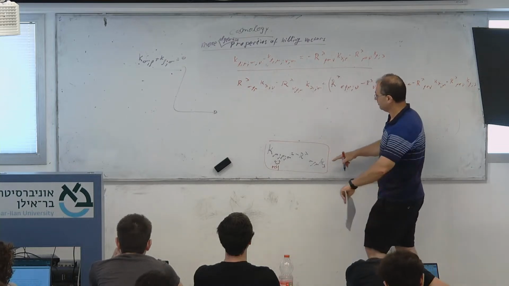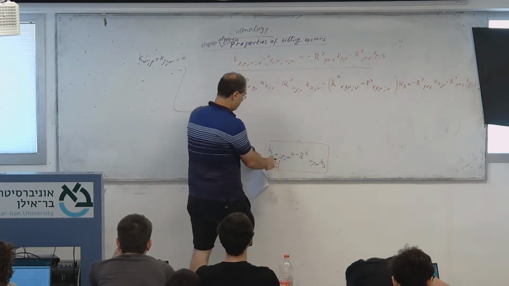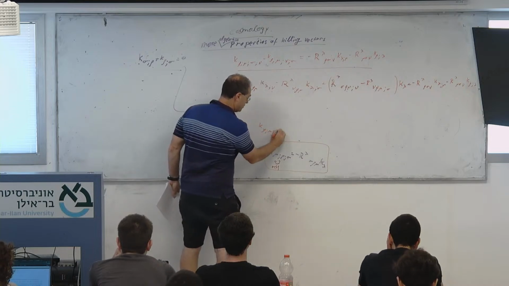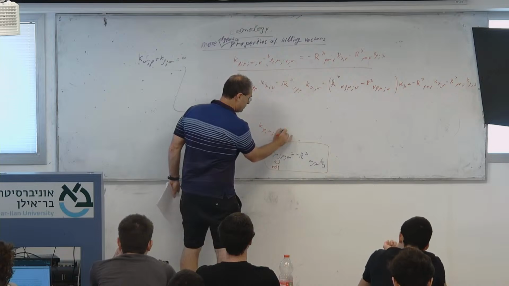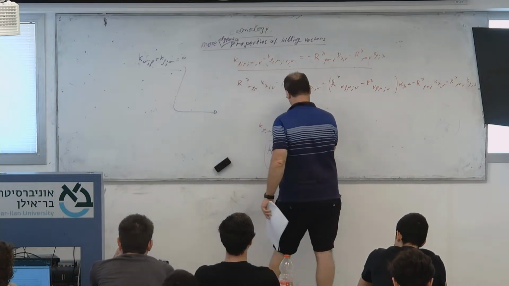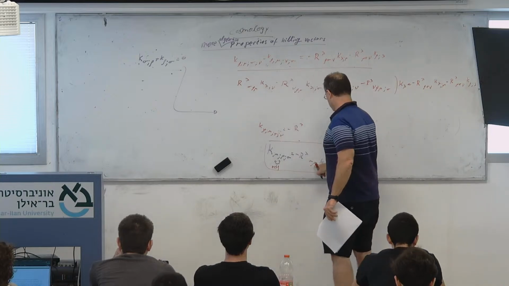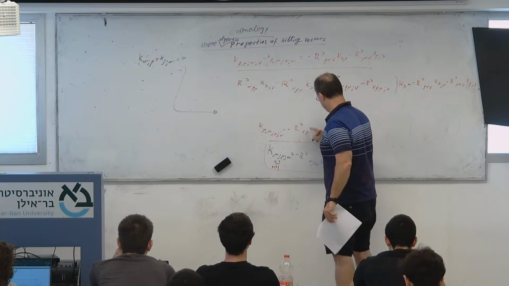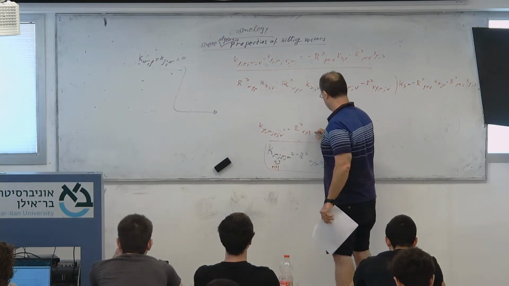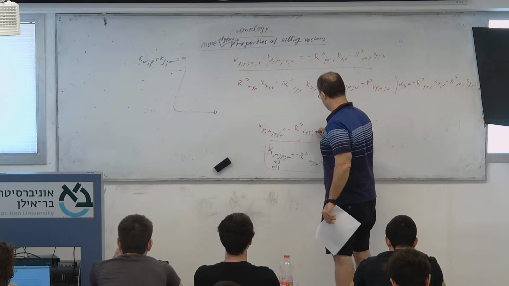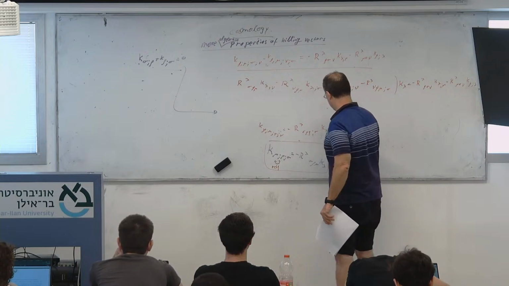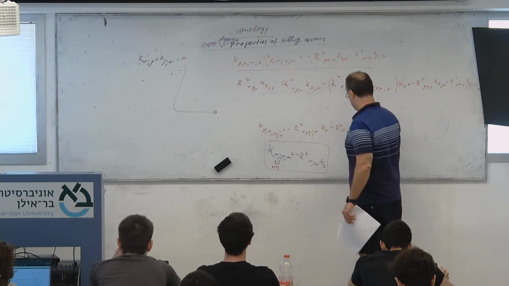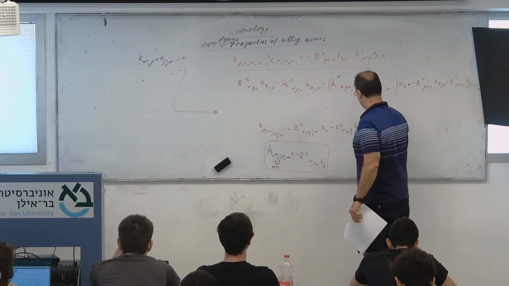So first term kappa rho mu sigma nu is minus r lambda rho mu sigma nu with respect to sigma k lambda minus r lambda sigma mu rho k lambda.